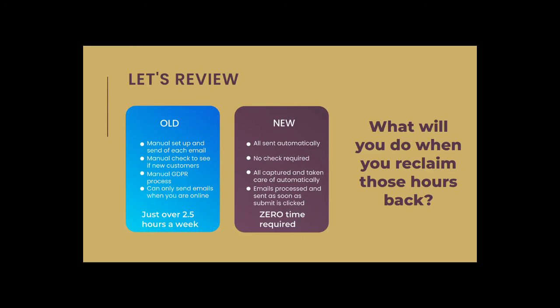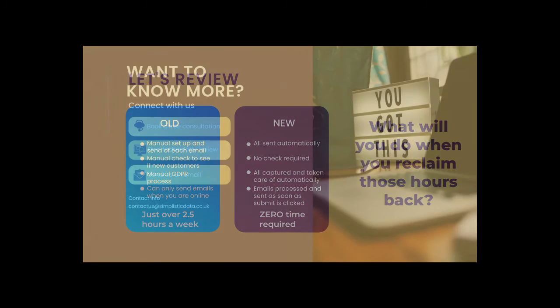With the new process, emails are processed and sent as soon as the customer clicks the submit button. The old process was taking 2.6 hours per week based on our example from earlier, but the new process requires no manual intervention from us, so it takes us no time at all. What would you do with an extra 2.6 hours a week?